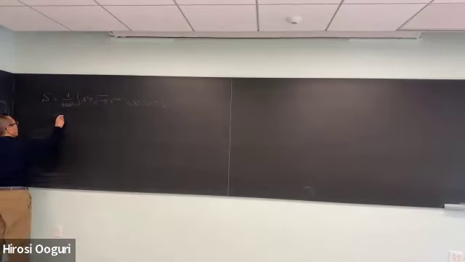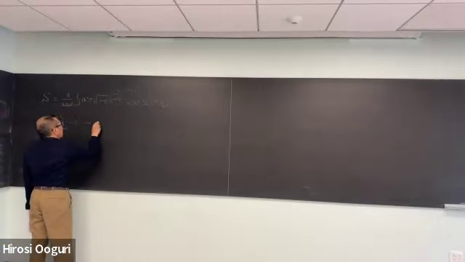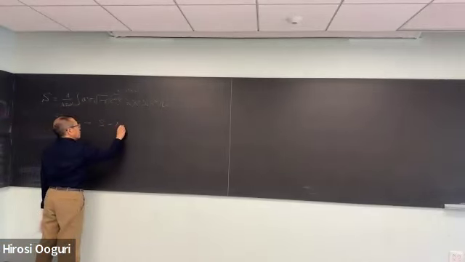If you use the equation of motion for the two-dimensional metric, then S becomes the Nambu-Goto action. So this is the Polyakov action.